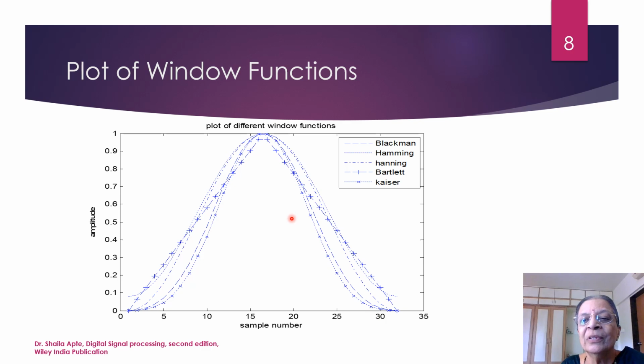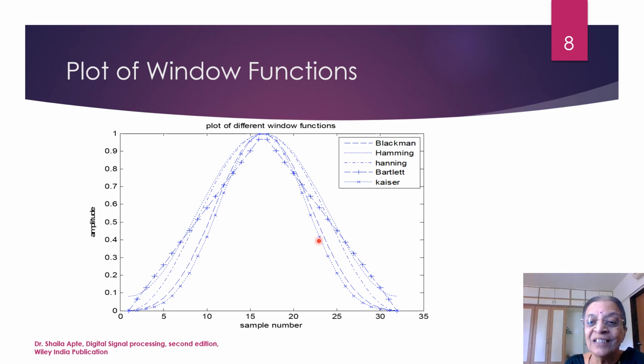So let us see how these window functions would look like. The dotted line is the Blackman window. Very small dots is the Hamming window. Close to that is the Hanning window. The plot with the plus sign is a Bartlett window. The plot with the star is a Kaiser window.